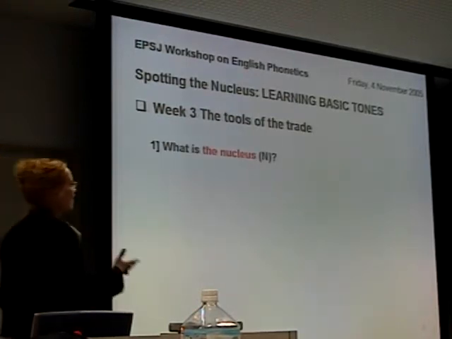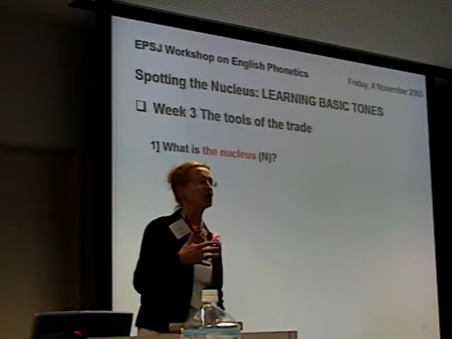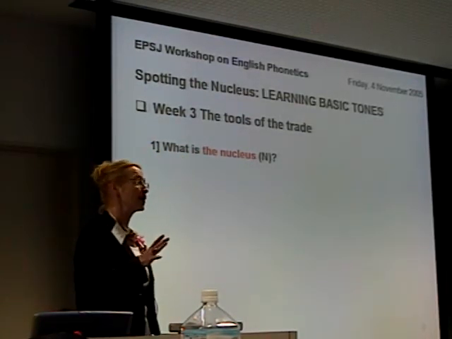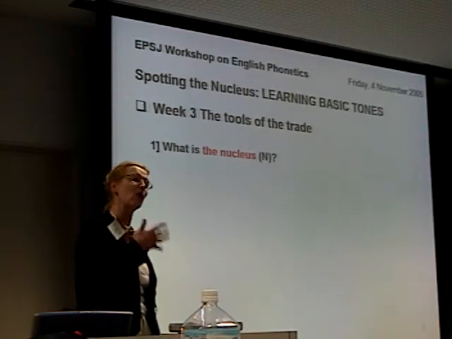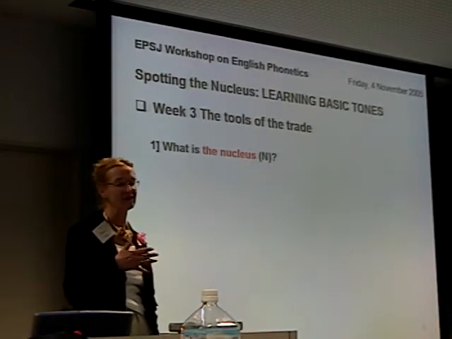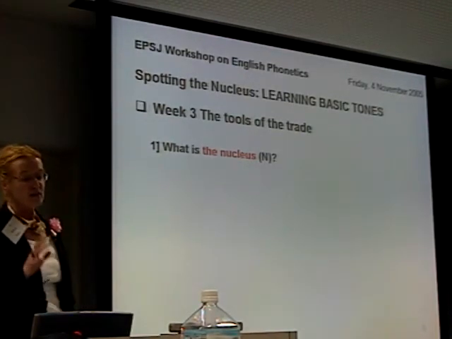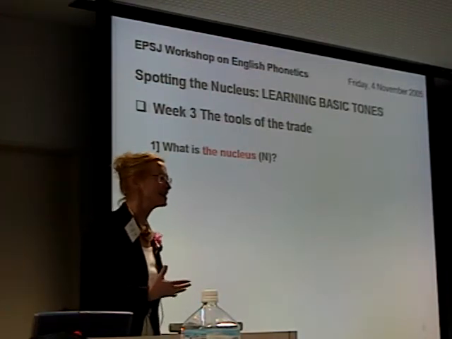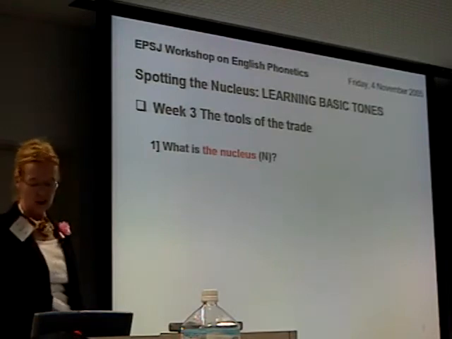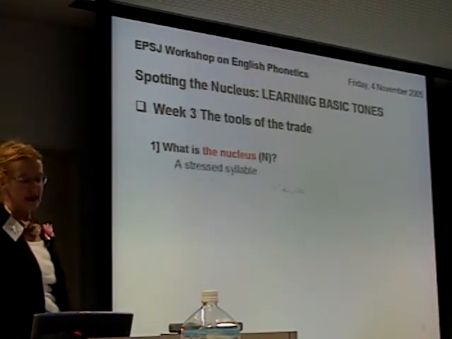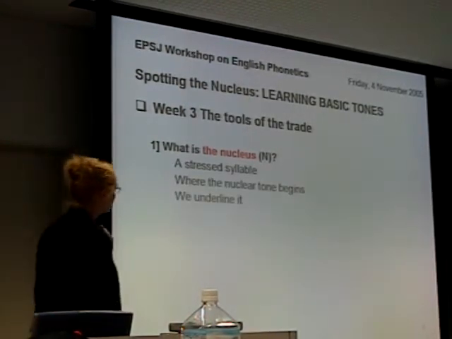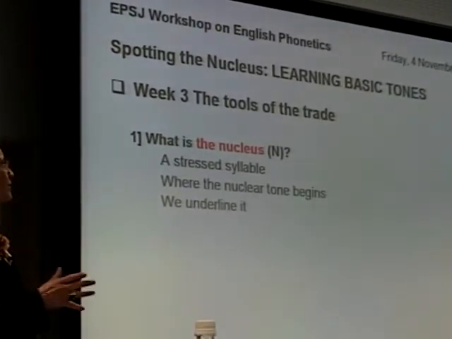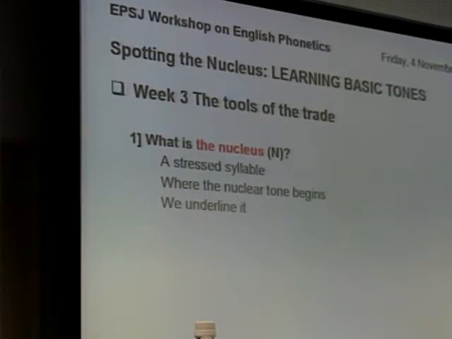And first of all, I tell them a few words that I'm going to be using, because after all, this is very much like learning a new language, and they don't necessarily have the vocabulary to talk about the experiences that they're having. So I ask them the question, what is a nucleus? But this is a rhetorical question because they don't know the answer, but they're already getting a new term, the nucleus, and I tell them that it's a stressed syllable, that it's where the nuclear tone begins, could that be another new word, and that we underline it.